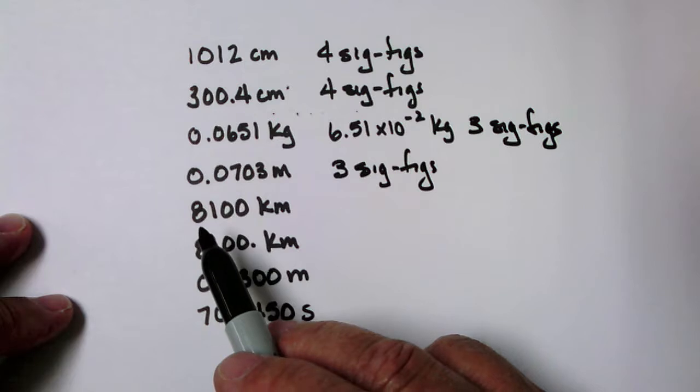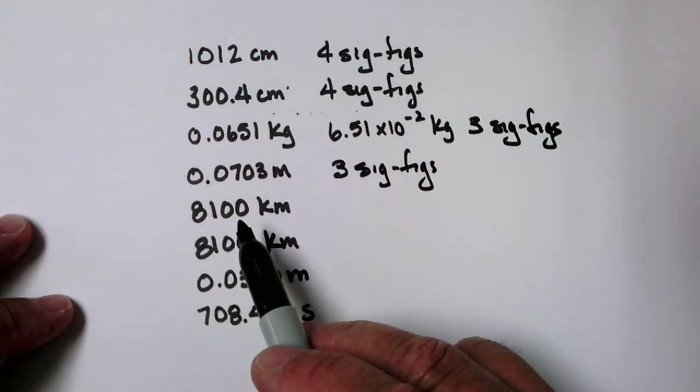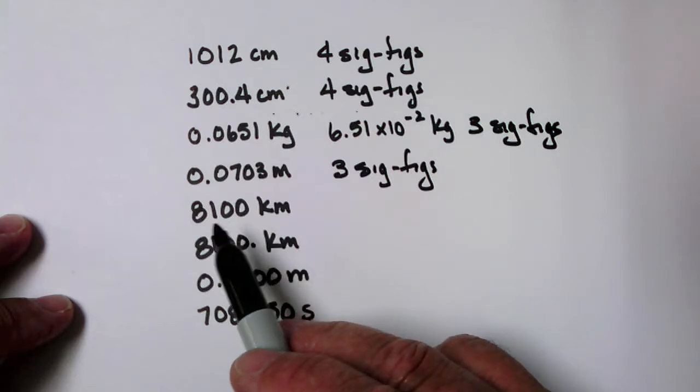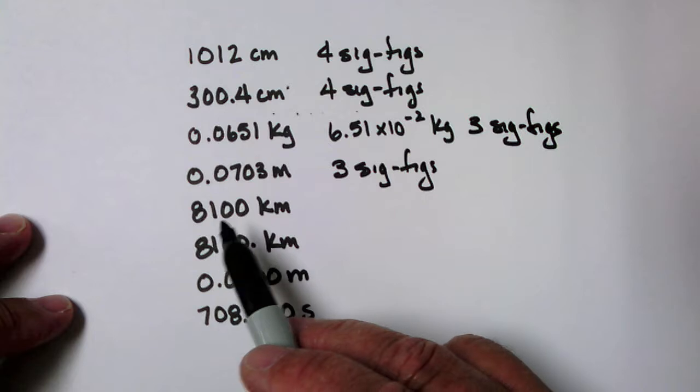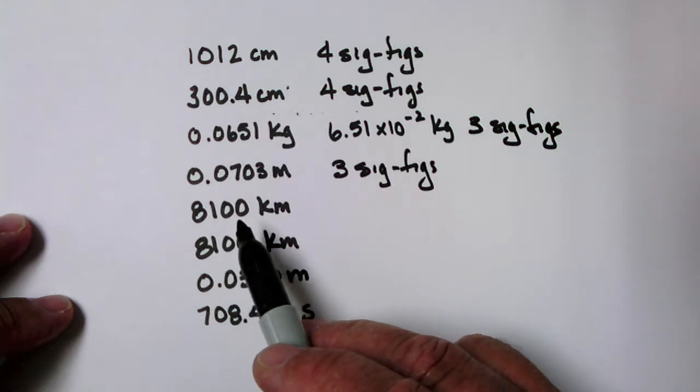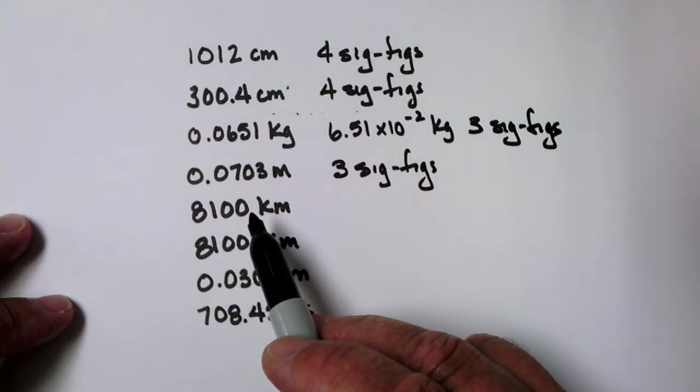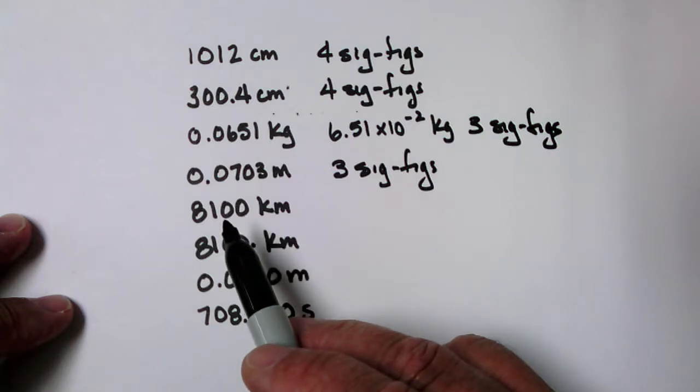In the next one, we have 8,100. These zeros are trailing zeros. They're to the right of the last non-zero digit. And because there's no decimal point here, these zeros are not significant.